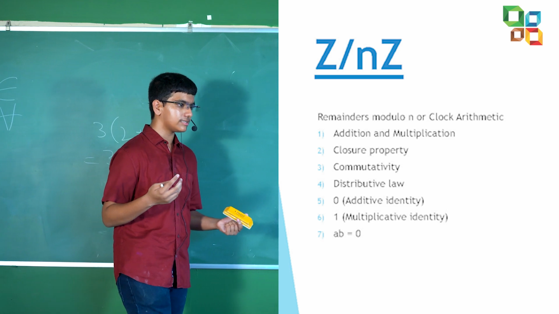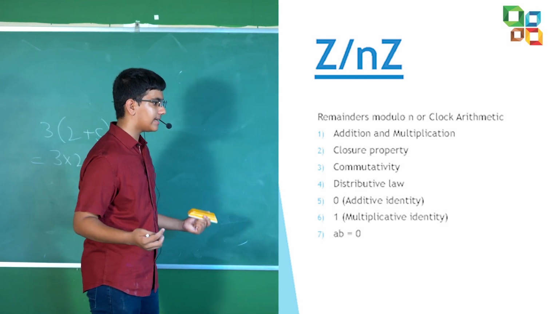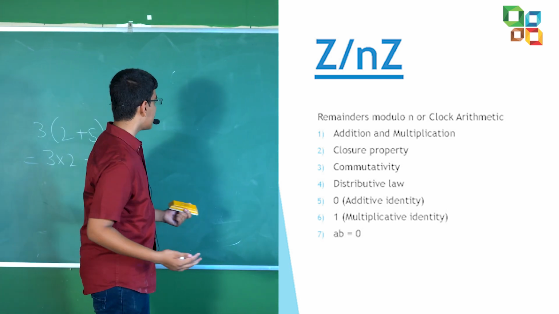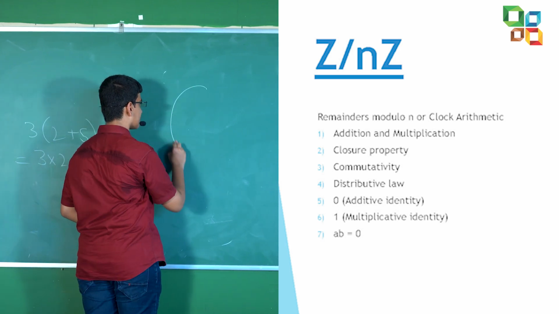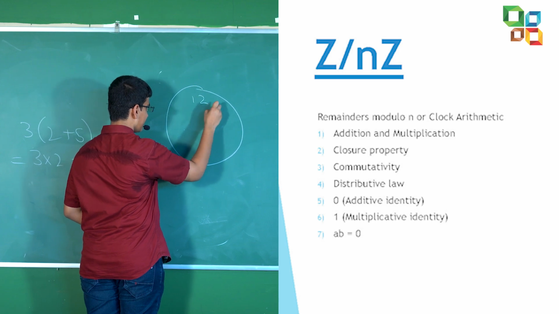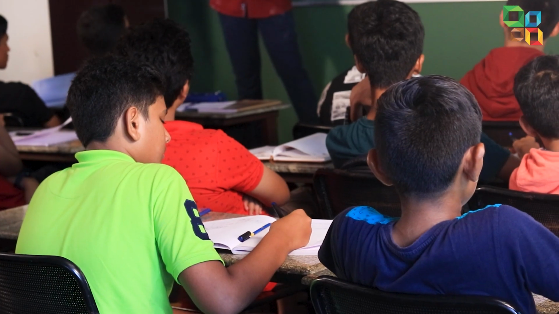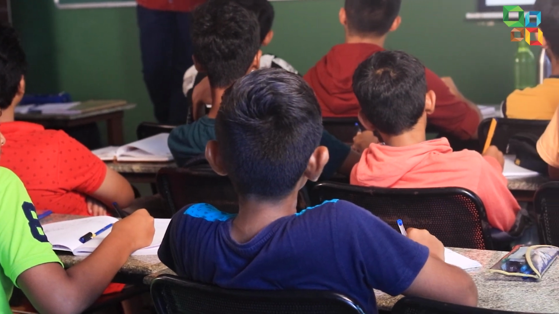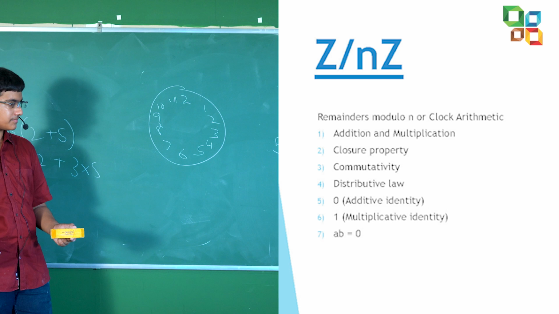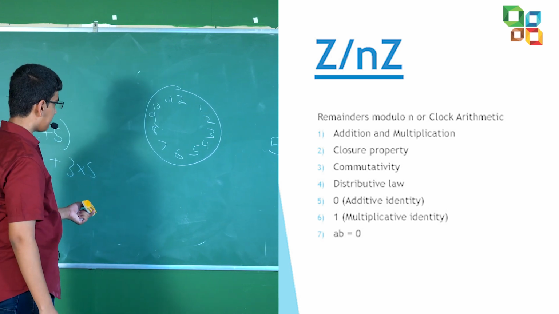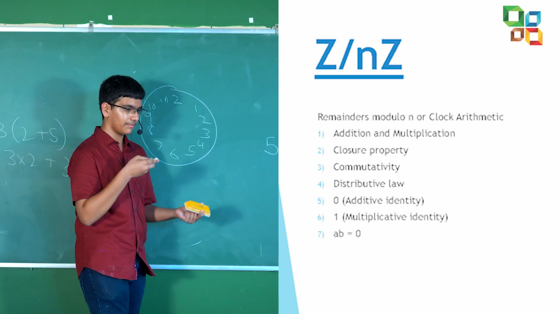What's important is it's like maths of remainders, or clock arithmetic. Basically, imagine a clock: you have 12, 1, 2, 3, 4. There are only 12 numbers on the clock.